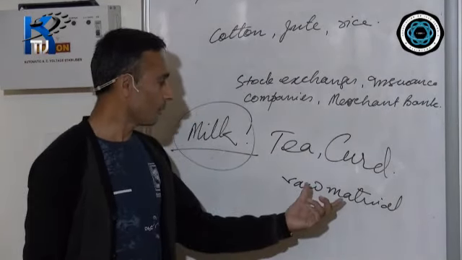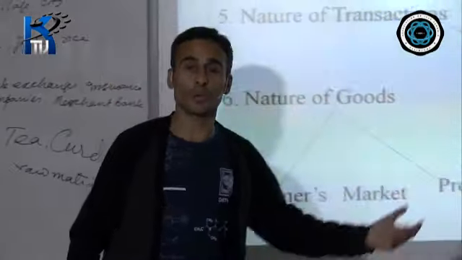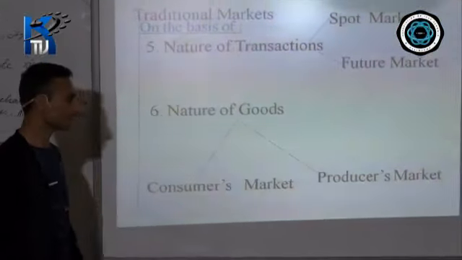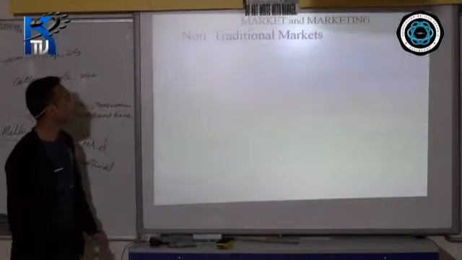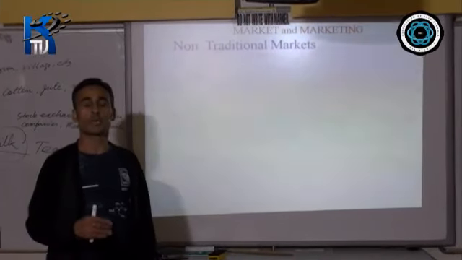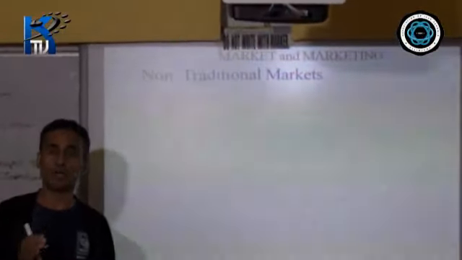So the market from where this milk will be bought for the purpose of producing another product will be termed as producer market. So that's all about different categories of market based on tradition, or different categories of traditional market.